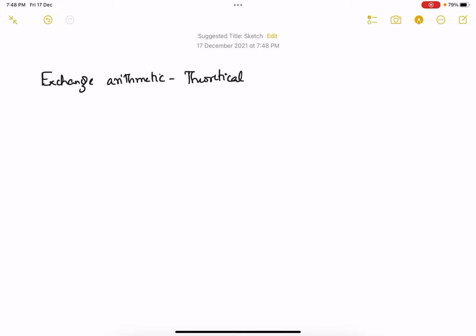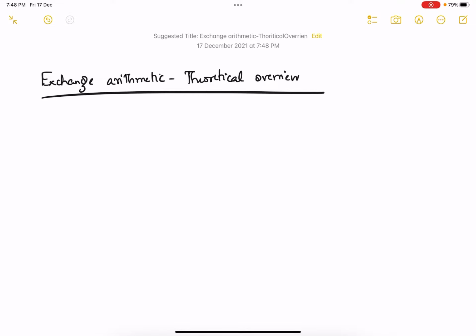So today we will be discussing exchange arithmetic, a theoretical overview. So all the forex calculations which we have seen so far have to be worked out with extreme care and accuracy.